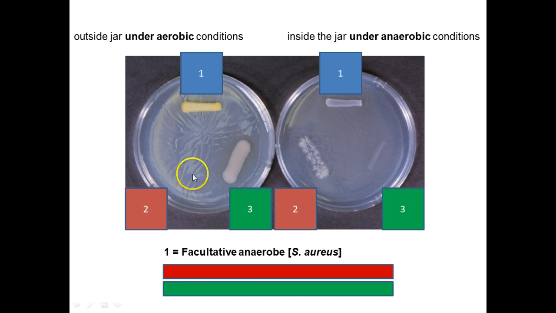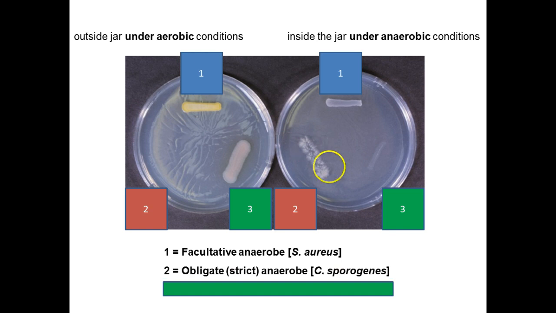Number 2, under aerobic conditions, no growth. It was killed. Under anaerobic conditions, do you see that there's growth there? Oh, excuse me, growth, wrong spot. So no growth, growth. You see that? So number 2 would be our strict anaerobe, only growing under anaerobic conditions. This would be our Clostridium sporogenes.